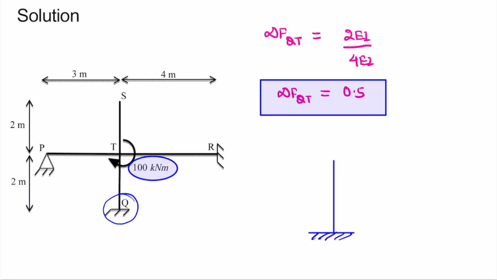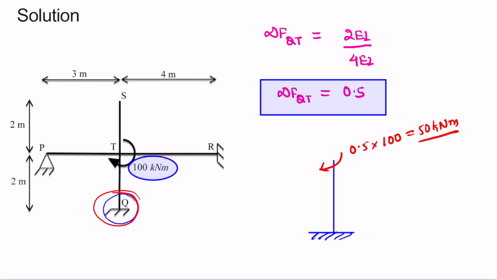So the moment at this member will be 0.5 times the total applied moment, which is 100. So it is 50 kilonewton meter. Now we know that the carryover factor for a fixed end is 1/2.